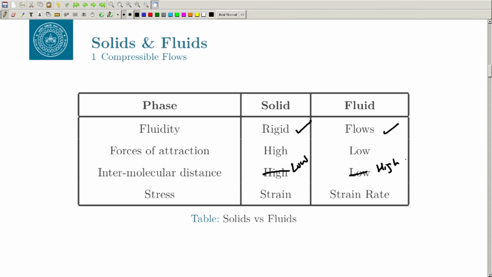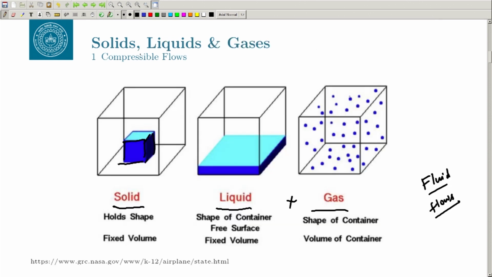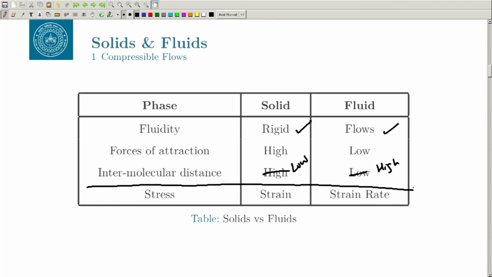In solids the molecules are very closely packed, as you can see in the last diagram here. You can't even identify the molecules, but if you could see them, they are very closely packed. They are slightly sparsely packed here, and here you can see that they are very sparsely packed in the case of gases. So, solids have high forces of attraction, and fluids have low forces of attraction.